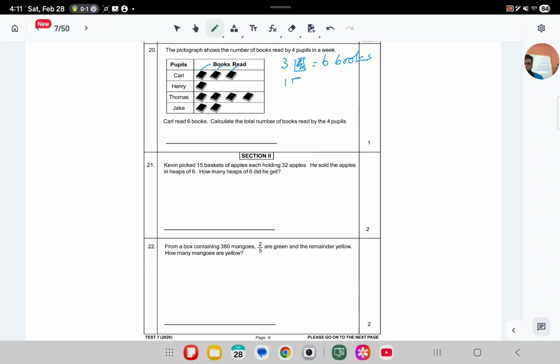So 1 of the graphic would be 6 divided by 3, which is equal to 2 books. To calculate the total number of books read by the 4 pupils, we need to just count out how many pictures we see. 1, 2, 3, 4, 5, 6, 7, 8, 9, 10. So 10 pictures is equal to 10 multiplied by 2, which is equal to 20 books.